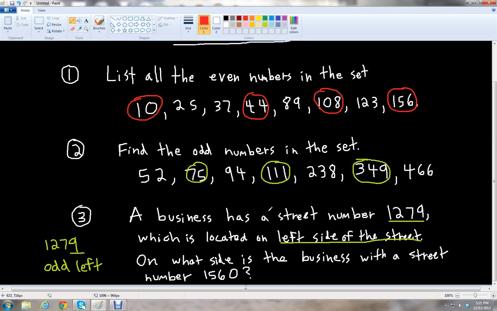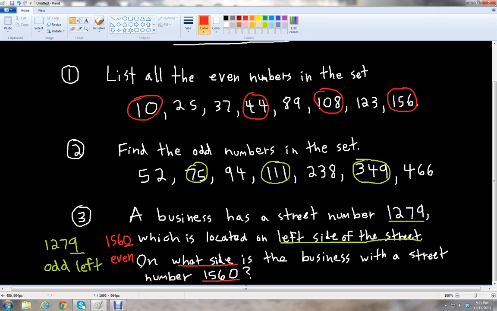Now on the other hand, we have the business with a street number of 1560, and we want to know what side that's located on. So we have 1560, and that ends in the number 0, so that must be even.